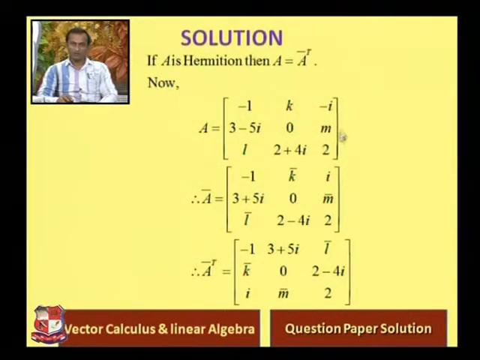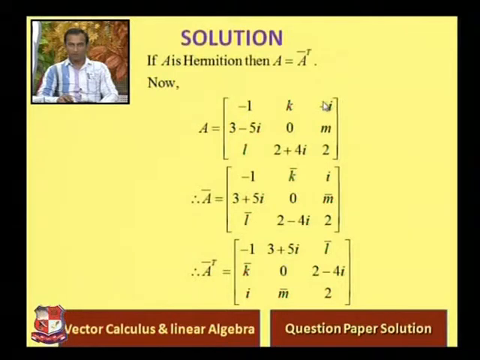Now A bar means if we take the bar, then every element gets a bar. Here this minus 1 is a real value, not a complex value, so minus 1 as it is. Now K is any value, it may be complex, may be real, so K bar.